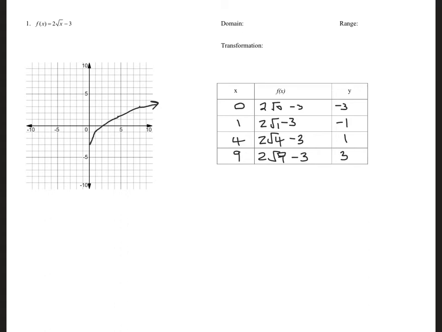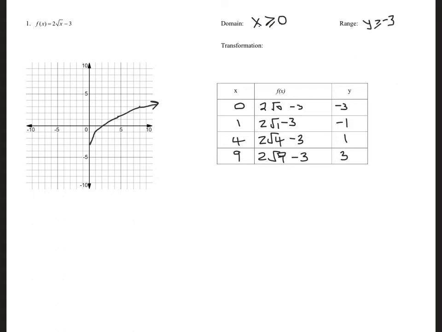And that's our graph. So our domain is x greater than or equal to 0. And then our range is y greater than or equal to negative 3 because that's the lowest that it goes.